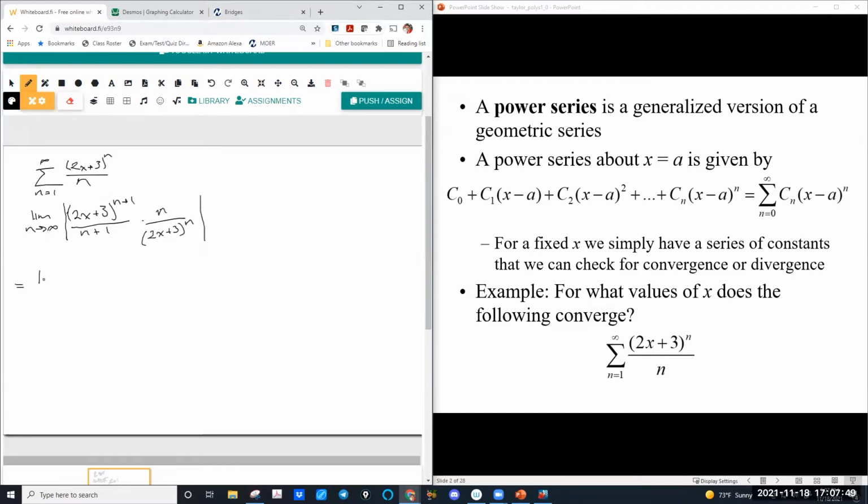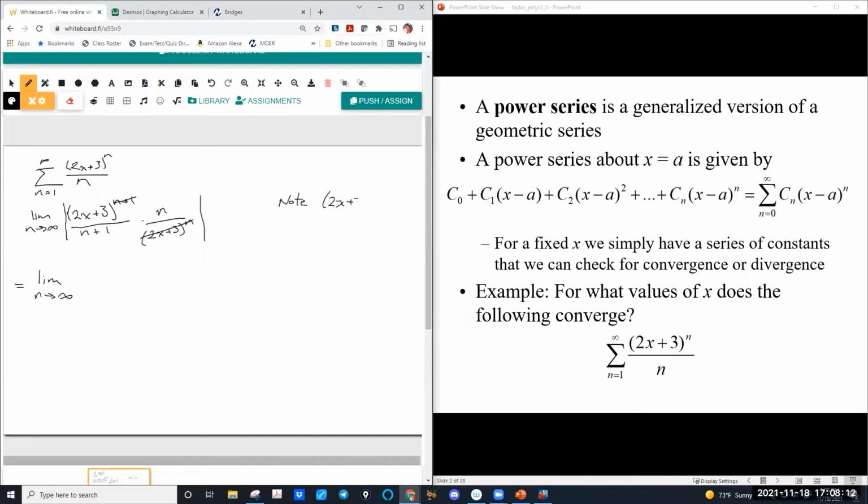Okay, now we're going to work with our ratio test. Well, the same kind of canceling occurs. I have n plus 1 factors of (2x + 3) here, and I've got n of them down here. So that's going to cancel all of these out except for 1. Remember, we looked at this kind of canceling the other day.